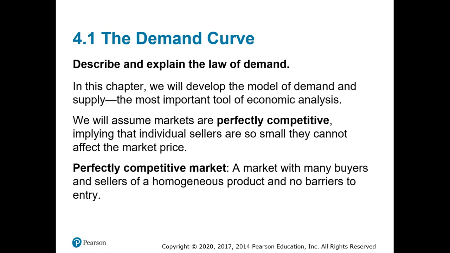So we're going to assume that it's perfectly competitive, and then we're going to apply that individual sellers are so small that they cannot affect market price in this chapter alone. Okay? So what is a perfectly competitive market? Basically, buyers and sellers have homogeneous products and there's no barrier to entry.